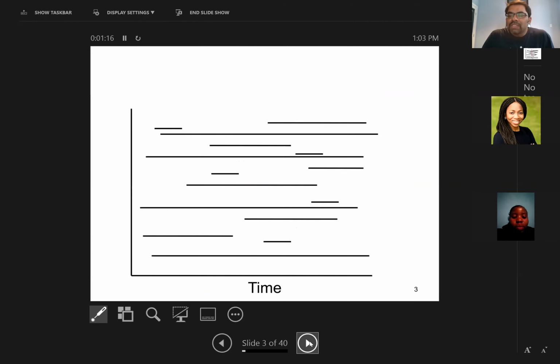So what makes it cross-sectional? Cross-sectional, the word implies that it's a slice. It's a slice in time in a population, which gives you a static picture of what is happening to a very dynamic population, right?